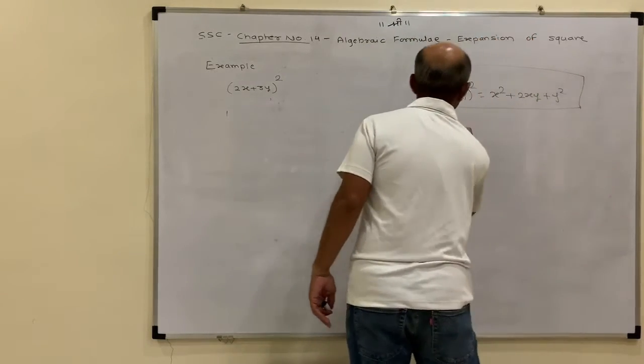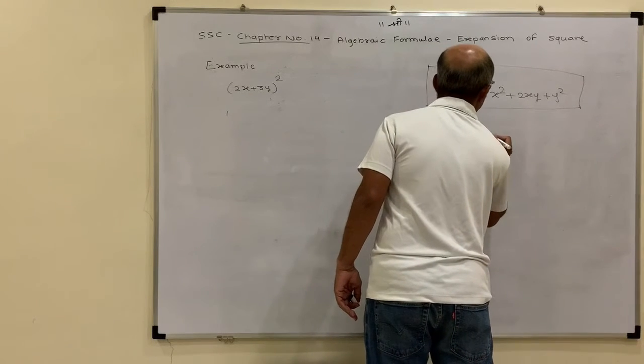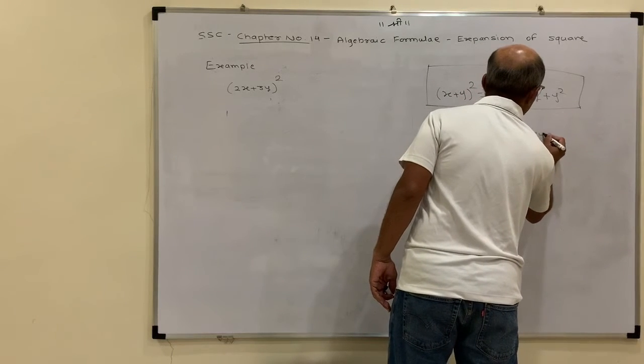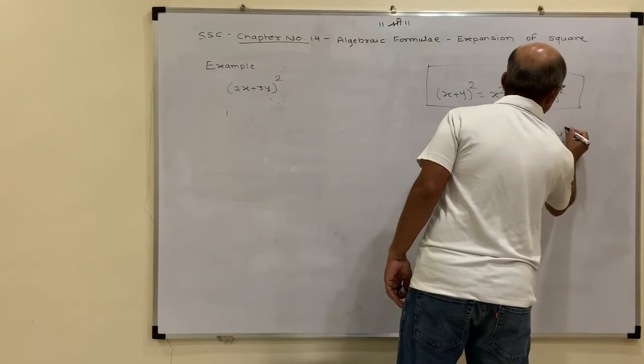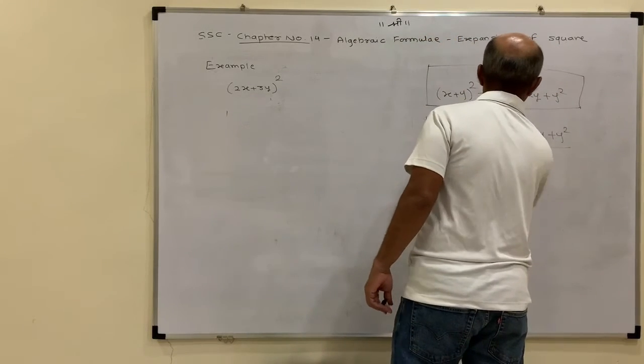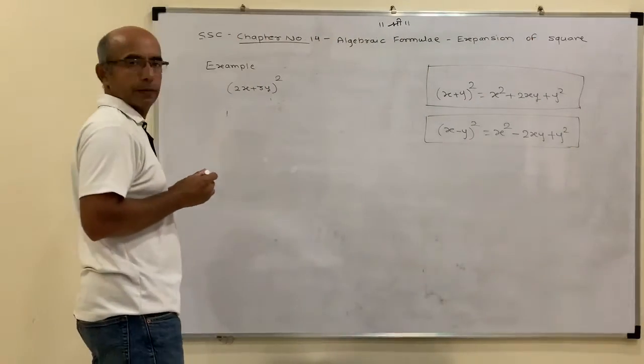And the other thing we learn is (x − y)² = x² − 2xy + y². Right?